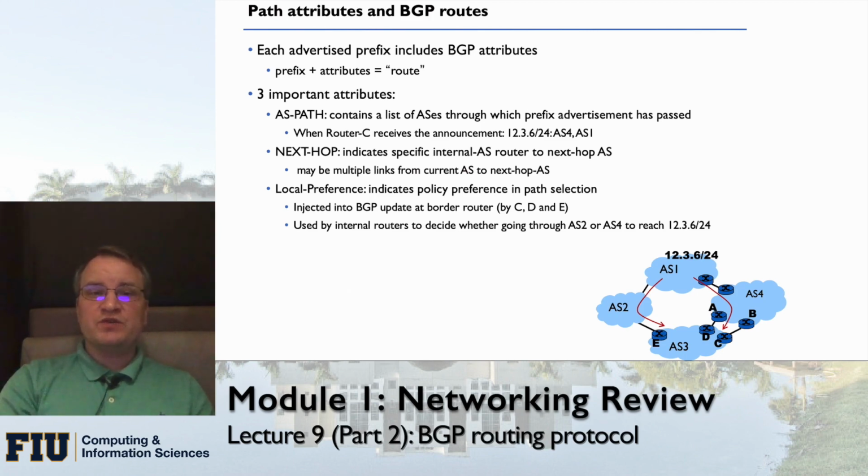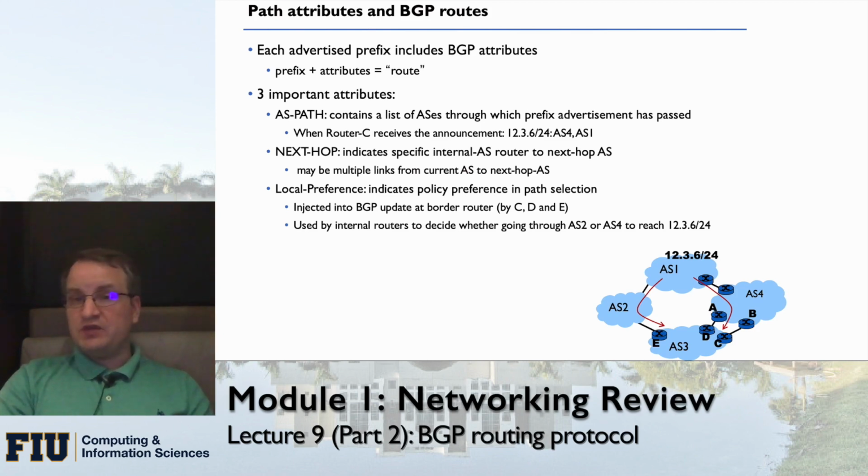Local preference is effectively just to indicate some local decision of how you want the other AS to forward back. For example, here AS3 has two border routers, effectively two connections with AS4, and it wants to say, AS4, please primarily send packets through the AD connection and use BC as a secondary connection. You can express this as part of the local preference.